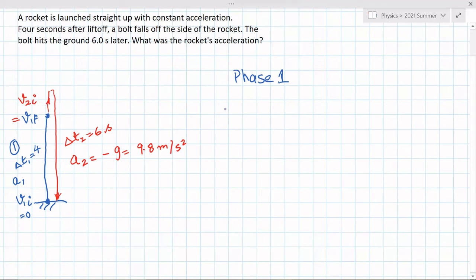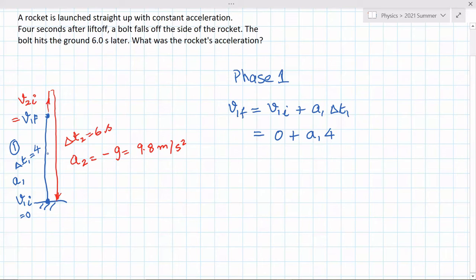So we can use this equation, V1 final equals V1 initial plus A1 delta t1. That gives us 0 plus A1, which we don't know, times delta t, which is 4.